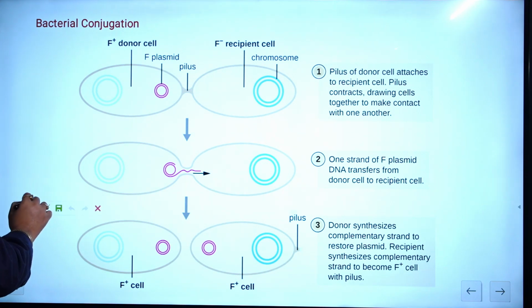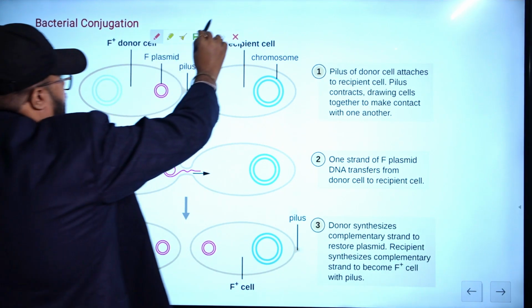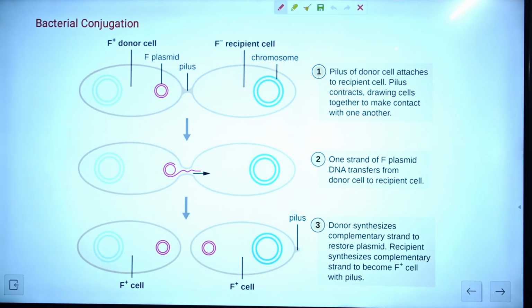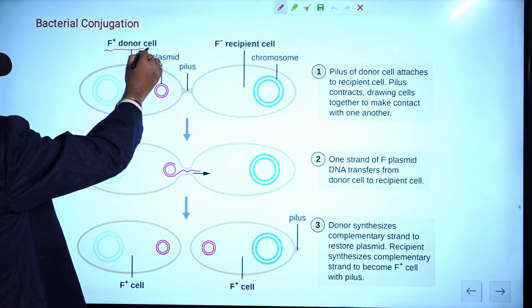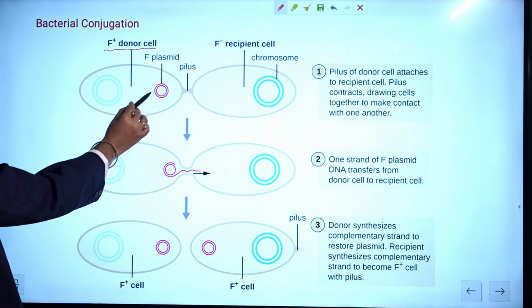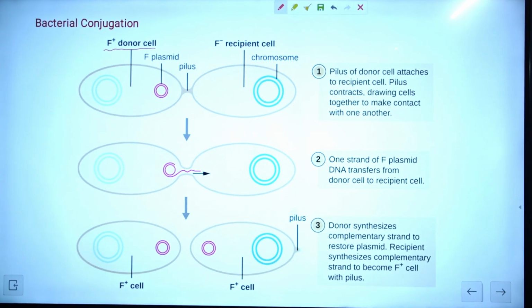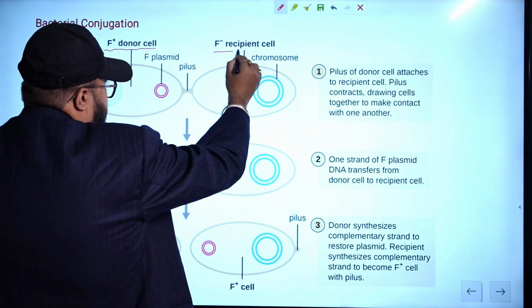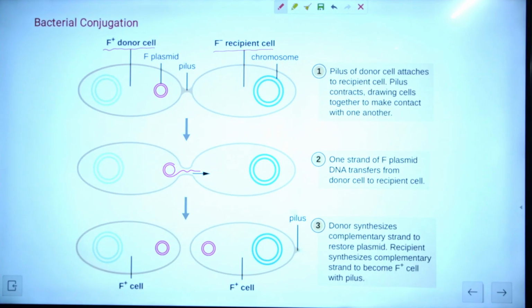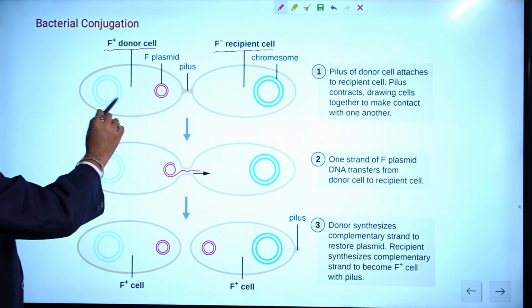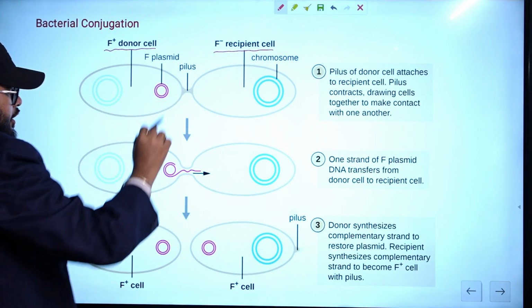This is a diagram showing the transfer of genetic material from the donor to the recipient bacterial cell by a process called conjugation. This is the F plus donor cell containing the F plasmid, and this is an F minus recipient cell lacking the F plasmid. The pilus of the donor cell attaches to the recipient cell.